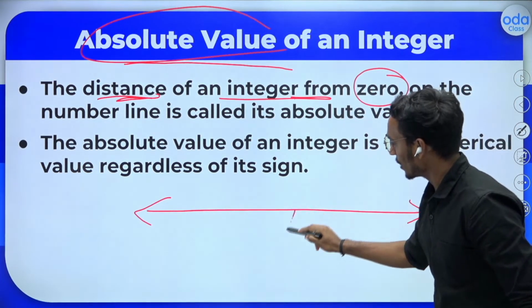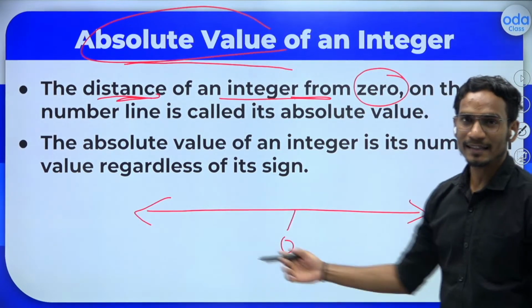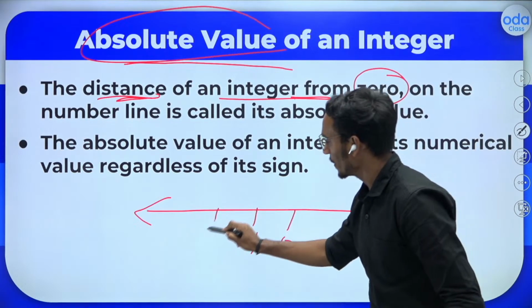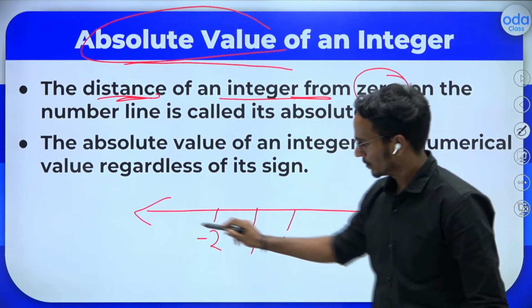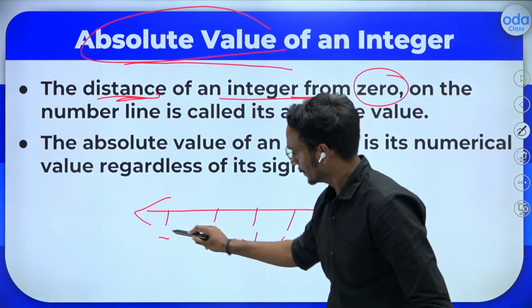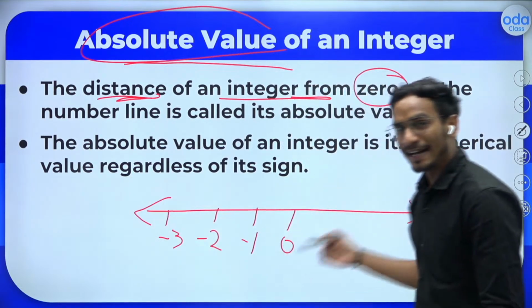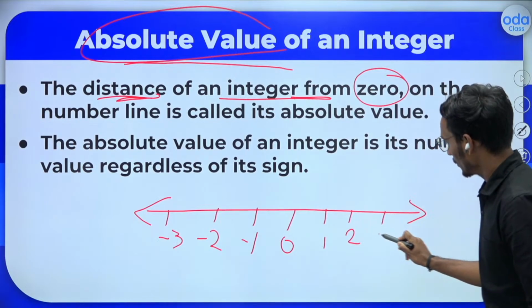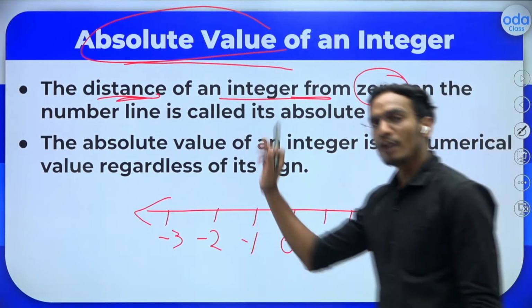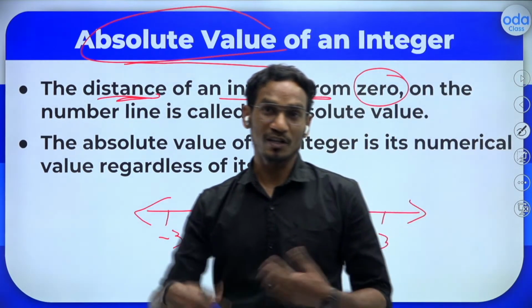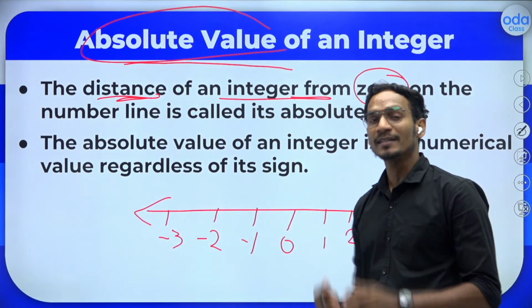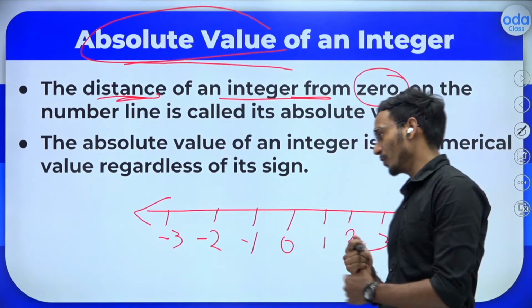On the left of 0, we have negative numbers -1, -2, and -3, and so on. On the right of this 0, we have 1, 2, 3, and so on. Now, if we go by the definition, it means that we have to find out the distance of that number from 0.